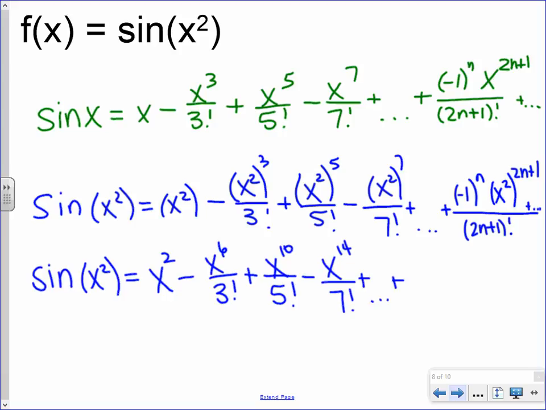And instead of trying to figure out what that pattern is, we can just say x squared to the 2n plus 1 is x to the 4n plus 2.